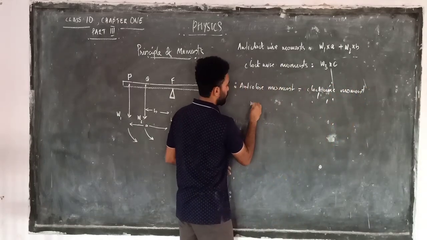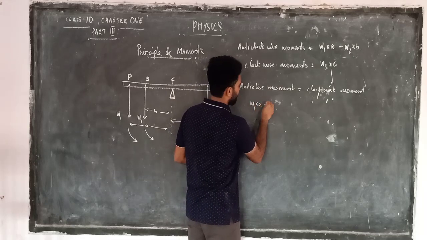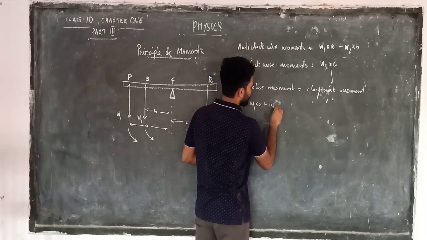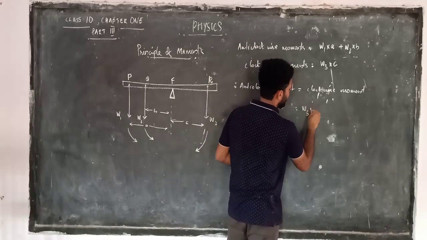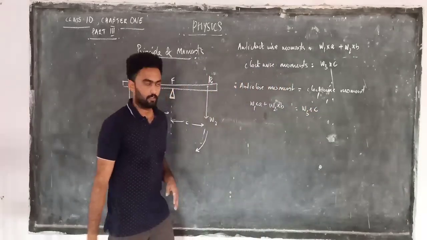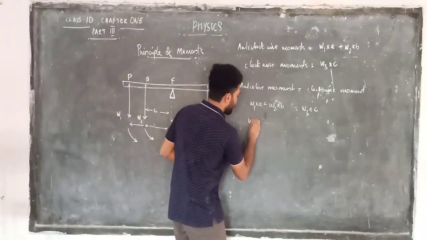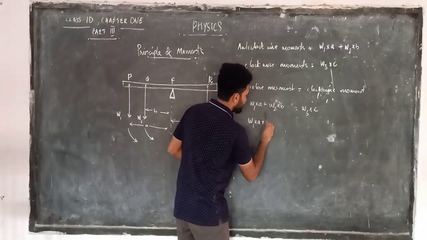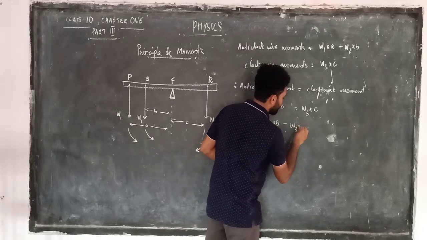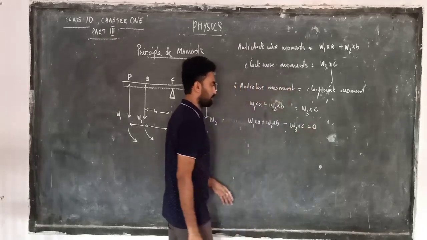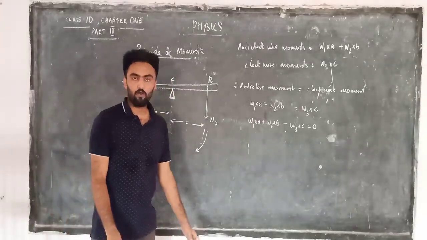That is W1 into A plus W2 into B equals W3 into C. Clear? Or we can write W1 into A plus W2 into B minus W3 into C equals 0. So this is the principle of moments.